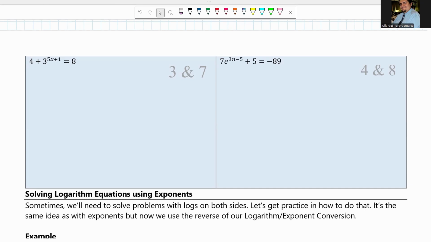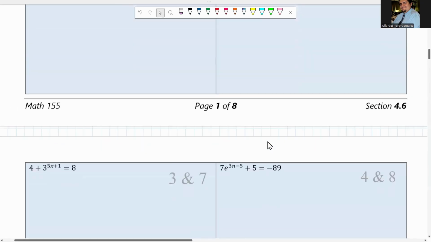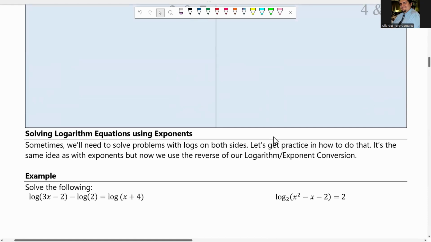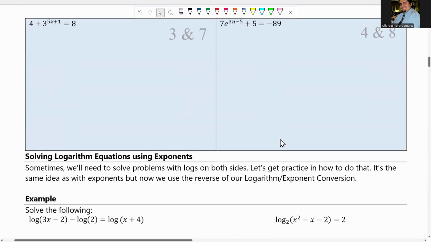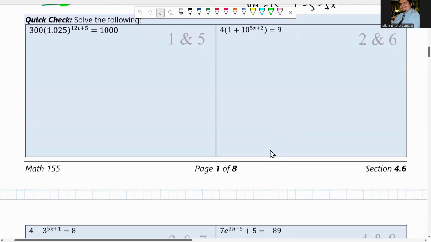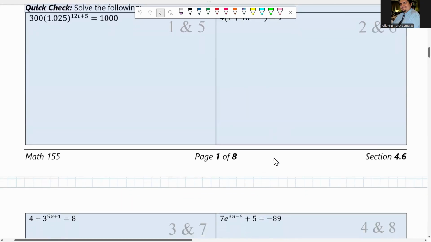Give me a second. I'm going to try to move all the pages back. There we go. Like I said, quick checks. We'll do this in class.